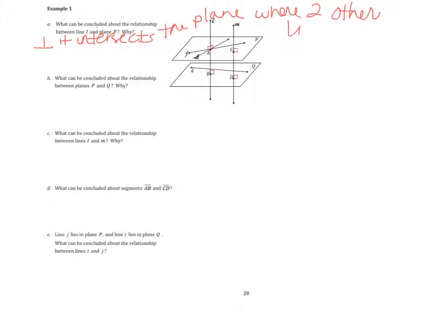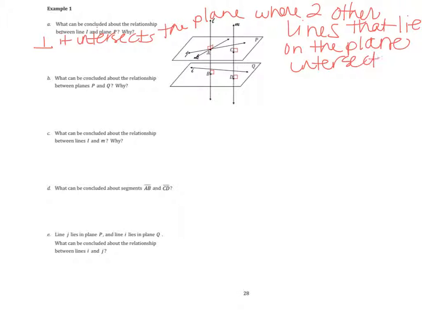So the reason as to why is that it intersects the plane where 2 other lines that lie on the plane intersect. That's how we know it's perpendicular.